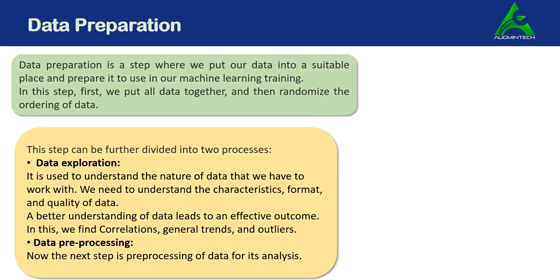This step is used to understand the nature of the data that we have to work with. We need to understand the data, the characteristics, the format, and quality of the data. A better understanding of data leads to an effective outcome. And in this, we find correlations, outliers, and general trends of the data. Then we have data pre-processing. So now the next step is pre-processing of data for its analysis.